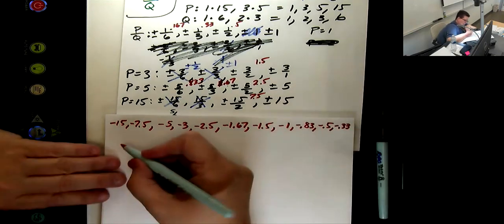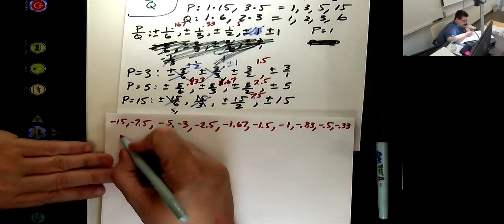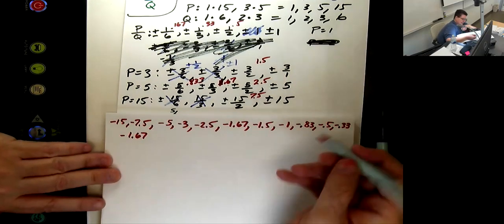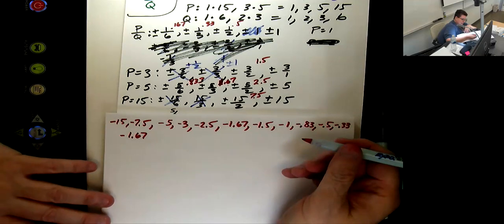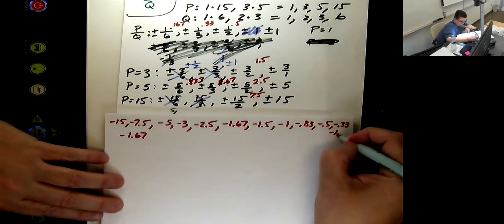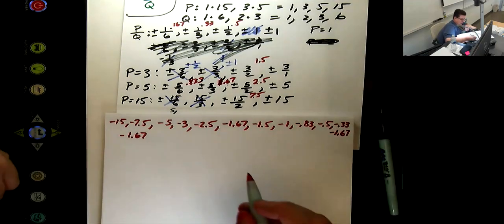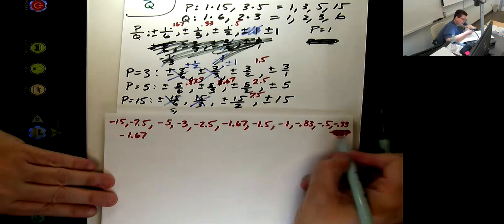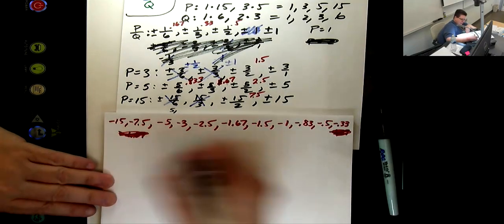Those are all the negative ones. Not -1.67, -0.167.